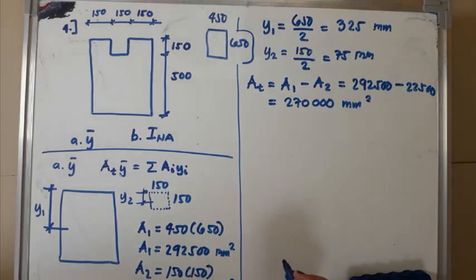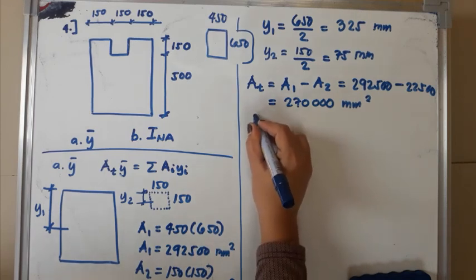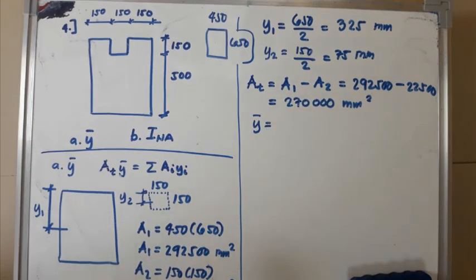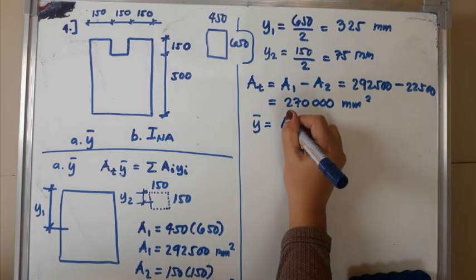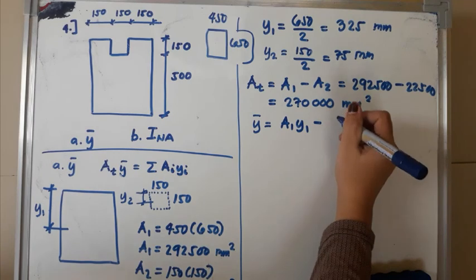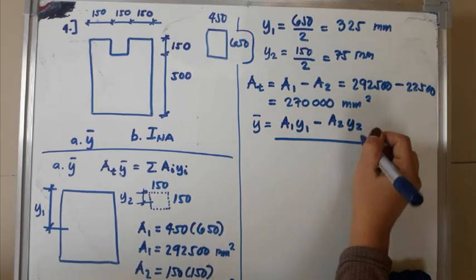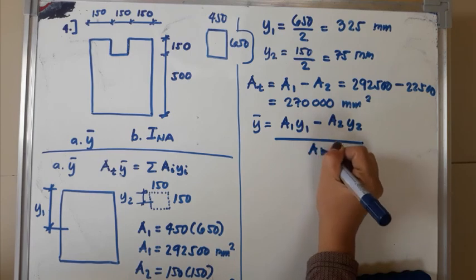Next, we can now solve for bar y. Bar y is area 1 times y1, minus the hole, divided by our total area.